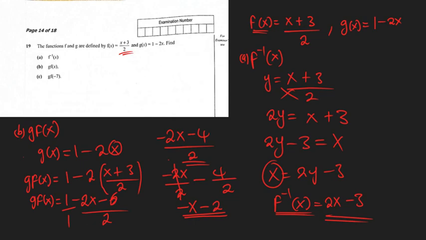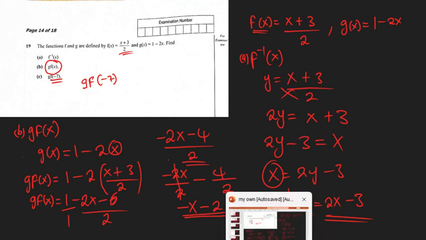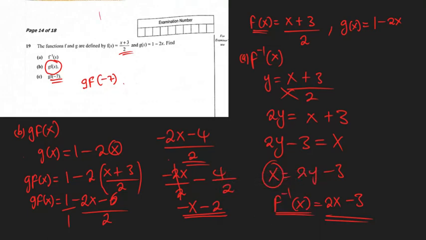Now, here they are saying the same thing they gave you, but this time around they put negative 7 inside. So you've already found it.